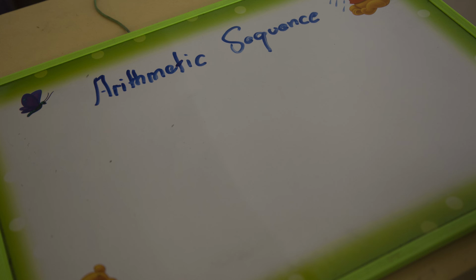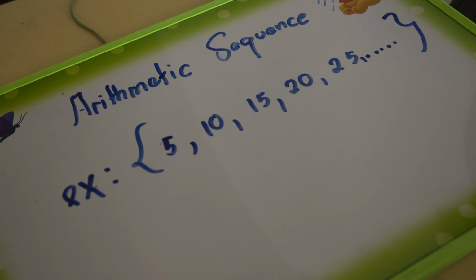The next topic is arithmetic sequence. An arithmetic sequence is a sequence of numbers which increases or decreases by a constant amount in each term. Another example: find the first 3 elements of the given example.